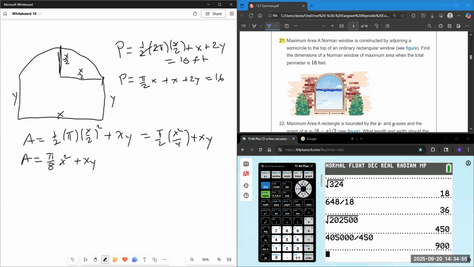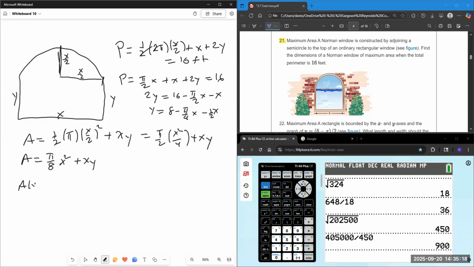Let's go ahead and solve for y in this constraint equation here. That 2y is equal to 16 minus pi over 2 x minus x. And y is going to be 8 minus pi over 4 x minus 1/2 x.